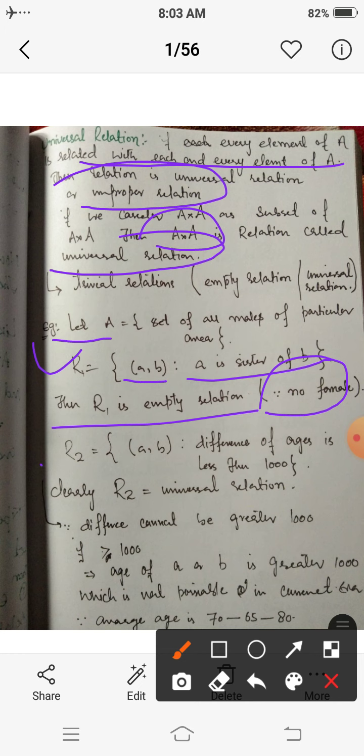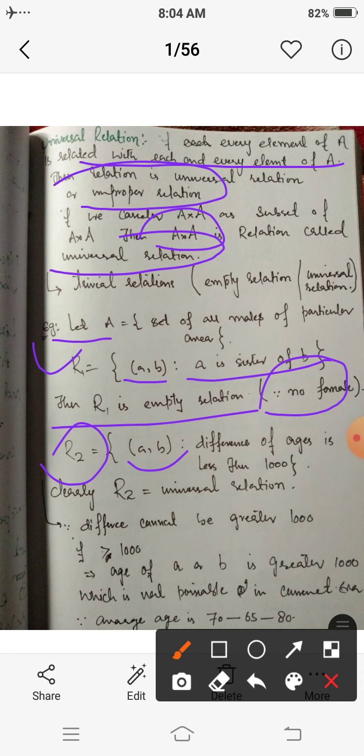Now consider R2 to be the set of all ordered pairs (a, b) where a and b are males of this particular area represented by set A, and male a is related to male b only when the difference of their ages is less than 1000.